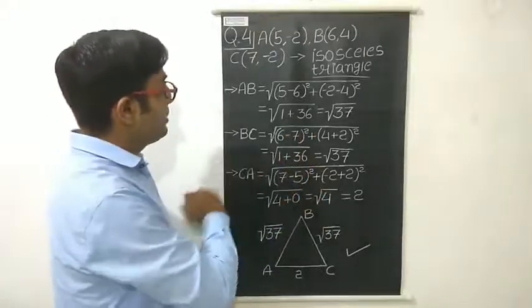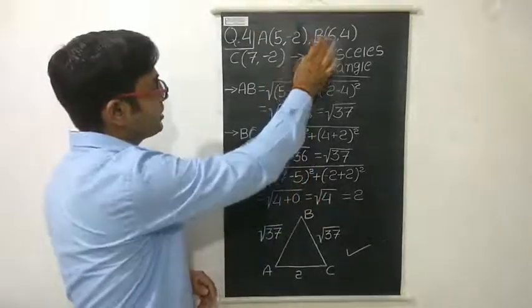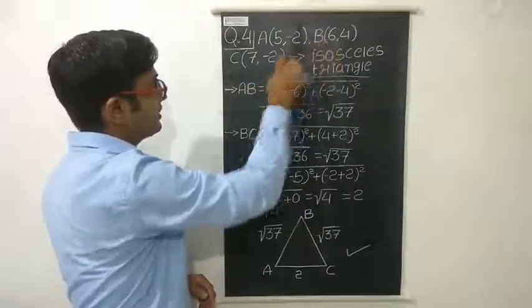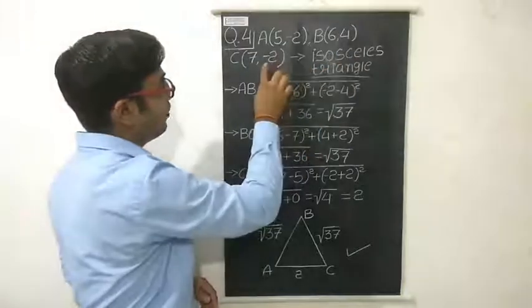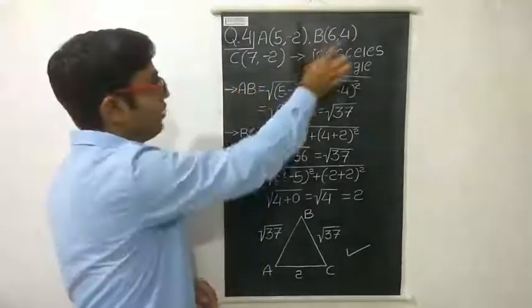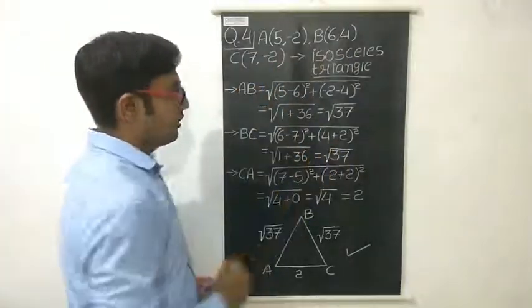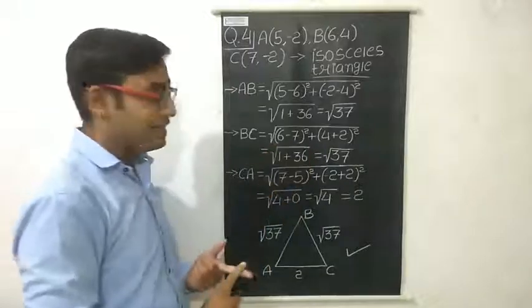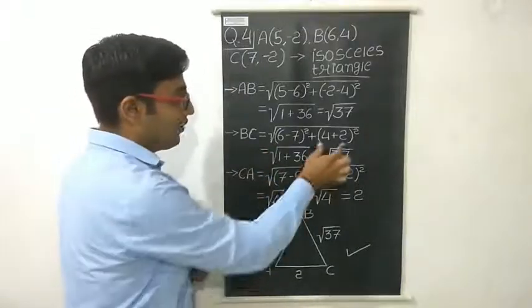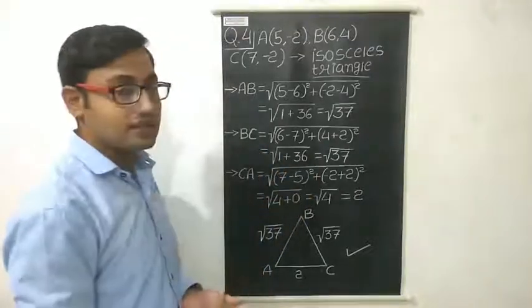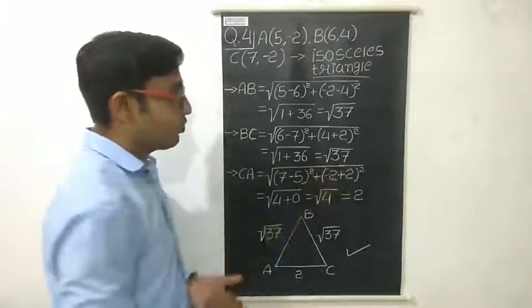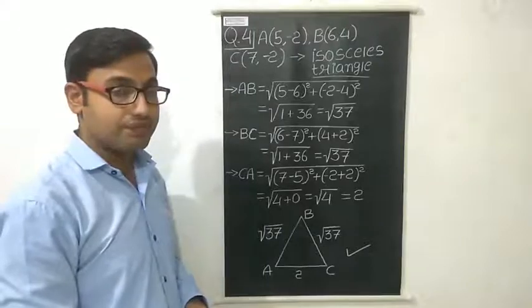Okay. Now BC. BC means we have to consider these 2 points. (6 minus 7) whole square plus (4 minus of minus 2, that is plus 2), that is (4 plus 2) square. So 6 minus 7 is minus 1, minus 1 square is plus 1. And 4 plus 2 is what? 6. 6 square is 36. So here we get the value under root 37.